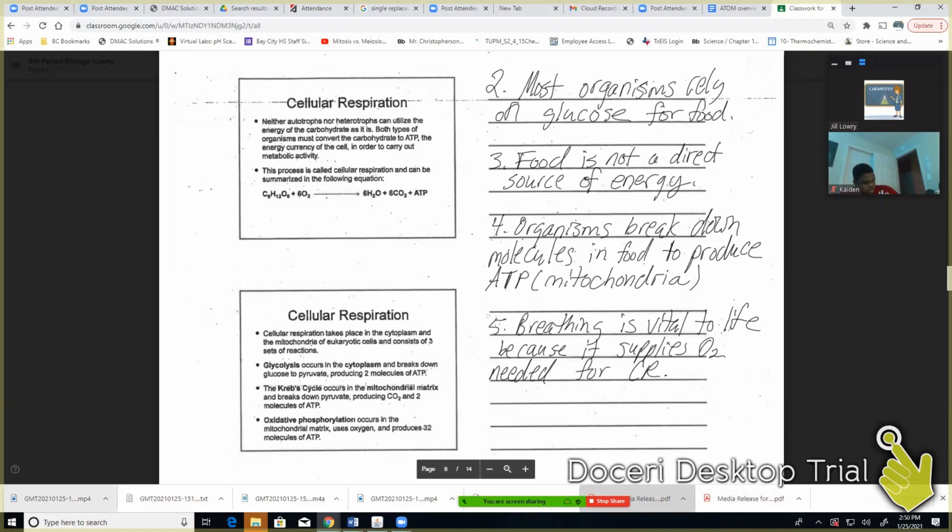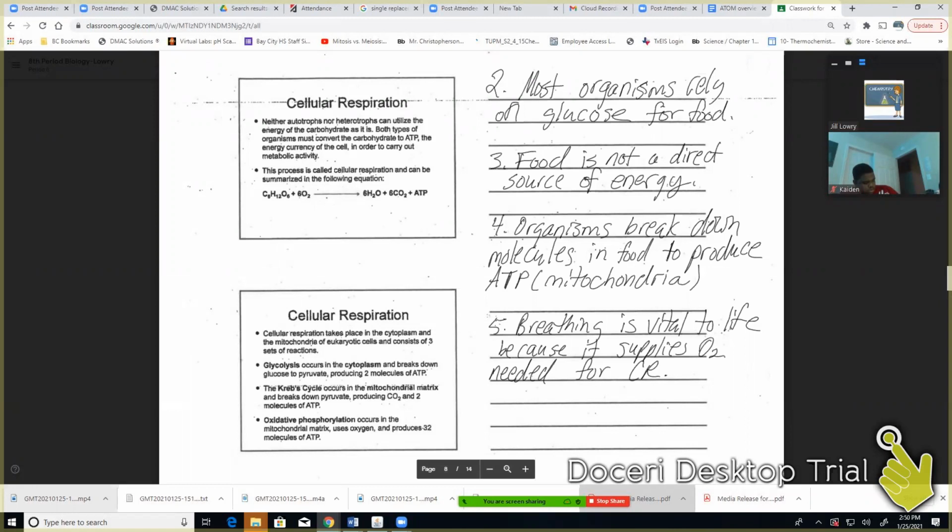Does anybody know something that happens if you run for a long period of time and don't have enough oxygen, a side effect of that? Yes, you'll breathe faster, but in your legs, you ever get leg cramps? And that's from lactic acid buildup, and that's the side effect of that.